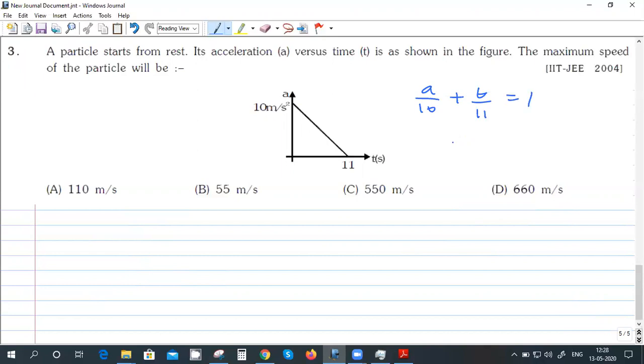At maximum speed, a will be equal to 0. a is equal to minus 10 by 11 t plus 10.